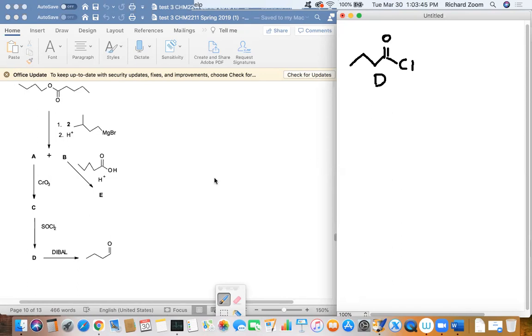Now with the first one, adding the Grignard here, we're getting 2 products. This alcohol, and this alcohol here. Let me see. 1, 2, 3, 4, and then this.